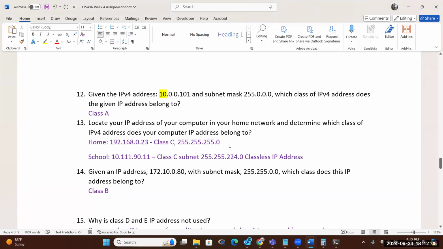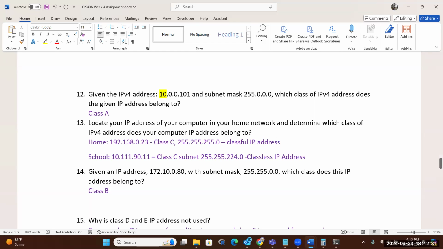And the top one is a classful IP address, because it follows the standard for the class for my home IP, and the school, it doesn't follow the standard class subnet mask, so it becomes a classless IP address.